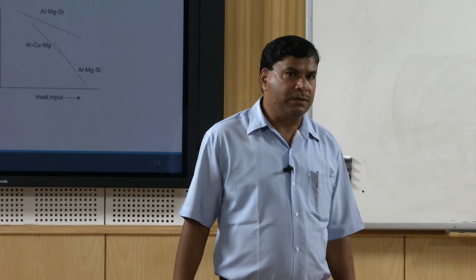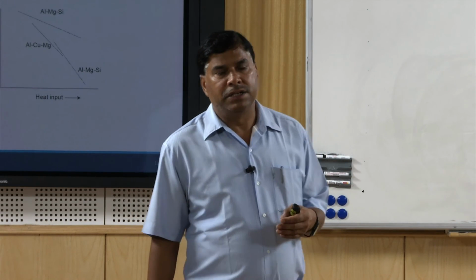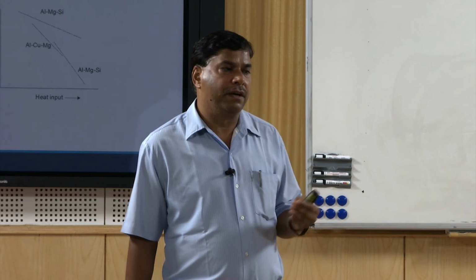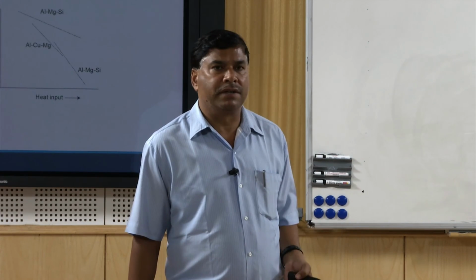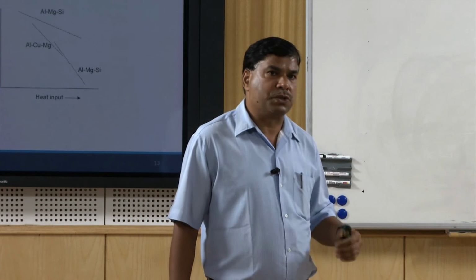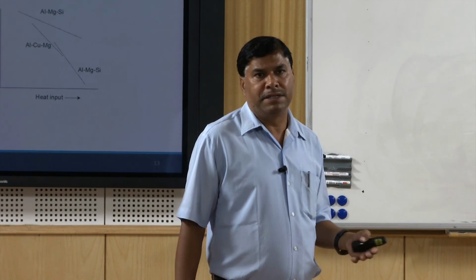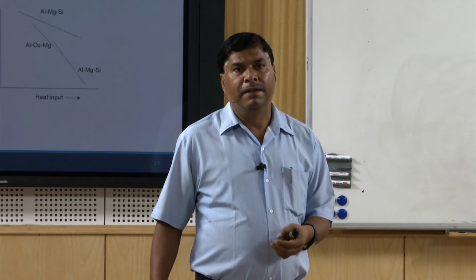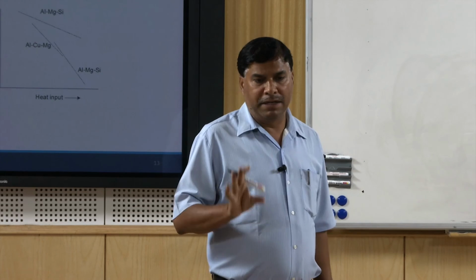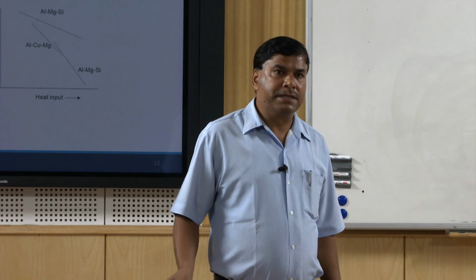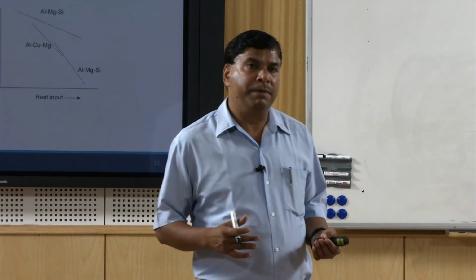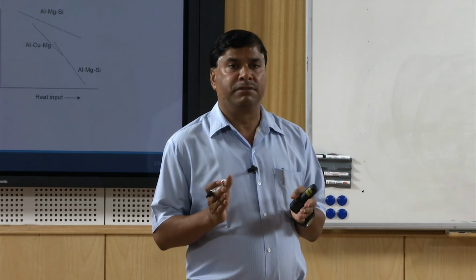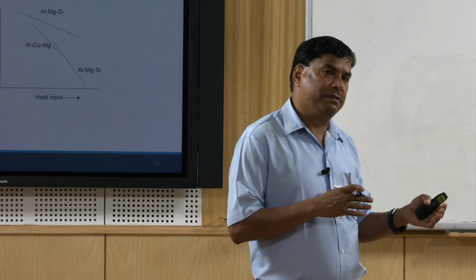So, in this presentation what we have seen is that heat is used for a variety of purposes. There are different sources of heat, different ways by which heat is generated, and each kind of heat source offers a different power density, and power density has a big role in delivering different amounts of heat to the weld. The amount of heat delivered to the weld affects the joint performance in terms of mechanical strength, distortion tendency, the size of the weld metal, and the structure of the weld joint.